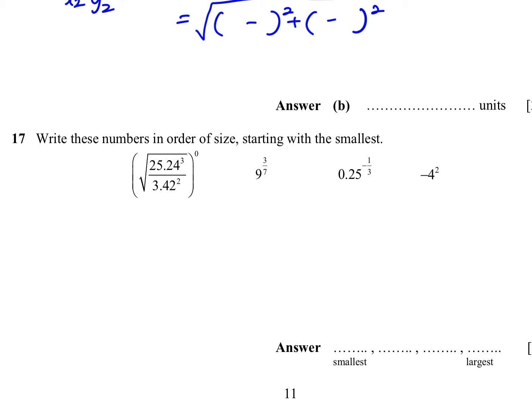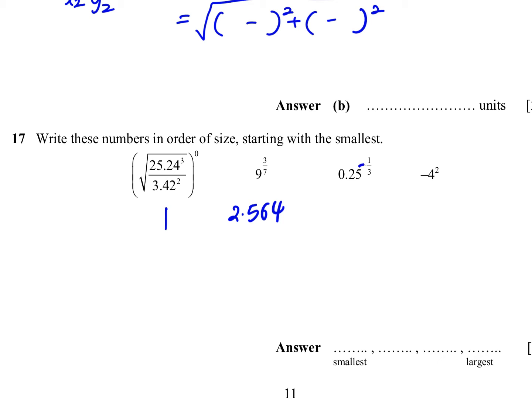Anything to the power of 0, don't care what it is, the number is 1. This one, I don't know, I press the calculator, correct or not? 2.564. Then this one, do you see a negative?